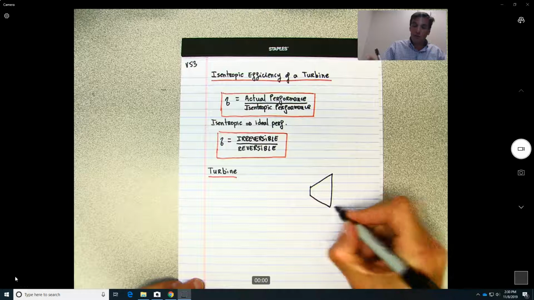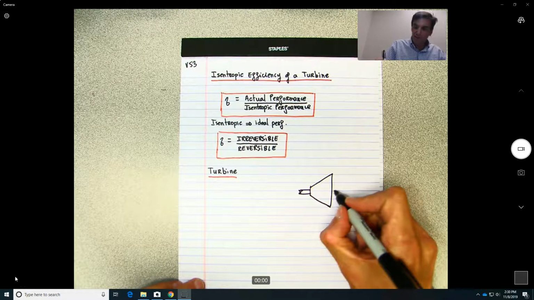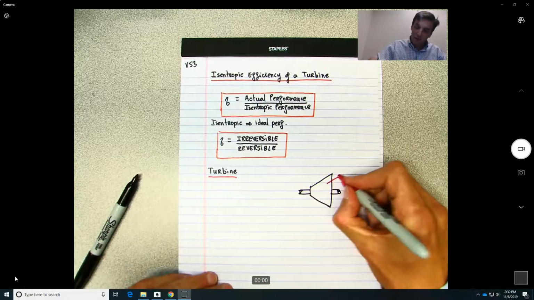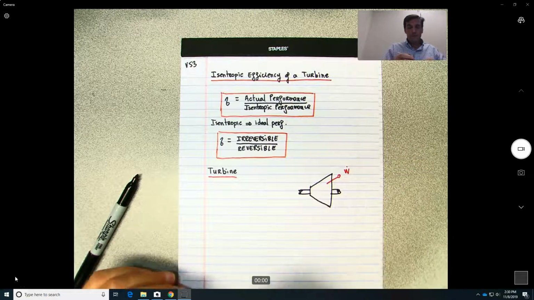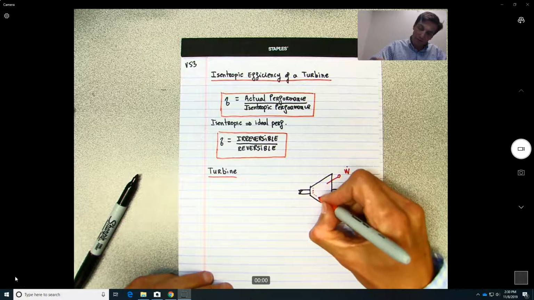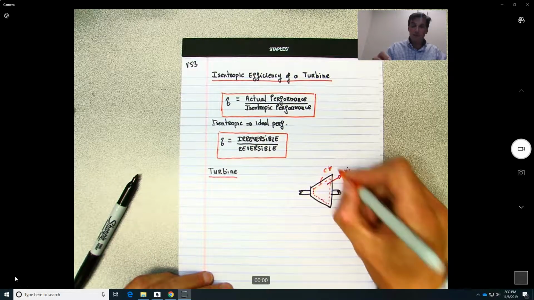What is the function of the turbine? The function of the turbine is to create power. So let's say this is a shaft. So basically it will create power, and this will be our control volume or open system.